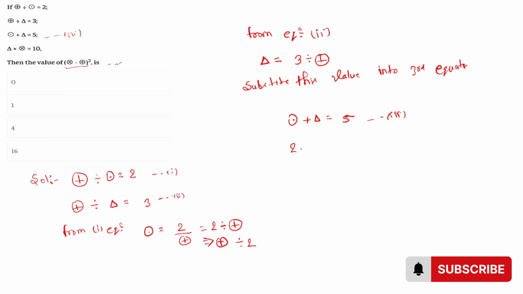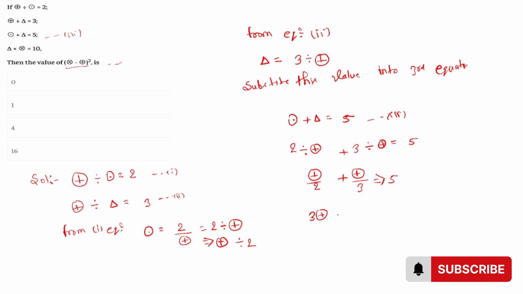So 2 operator plus delta we have find at 3 and plus operator equal to 5, so we can write plus divided by 2 plus XOR, or you can say XOR operator divided by 3 equal to 5.